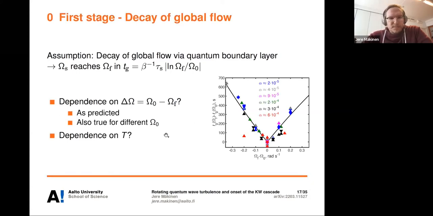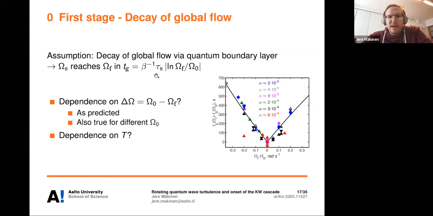Okay, so next we can test how it depends on temperature, so how it depends on the value of the mutual friction parameters. If you look at this equation, in principle, you don't know what this fitting parameter beta, which is approximately 1 here, is doing.